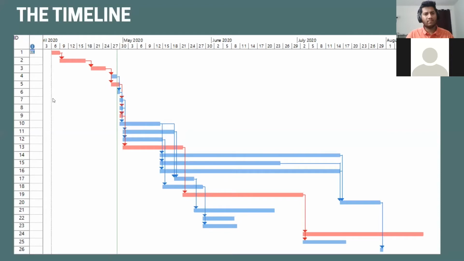This one is the timeline, showing the duration for each activity and how many days each activity is going to consume. From this we can see the first activity starts April 6, 2020. And of course, the red line is showing the critical path.